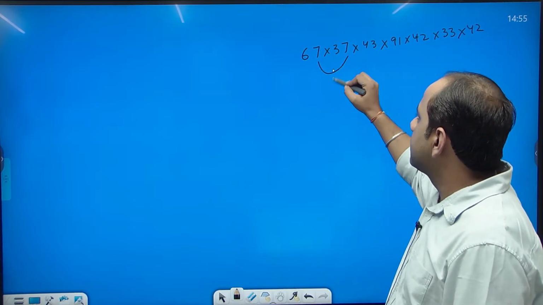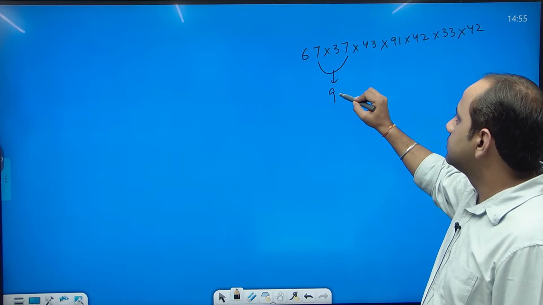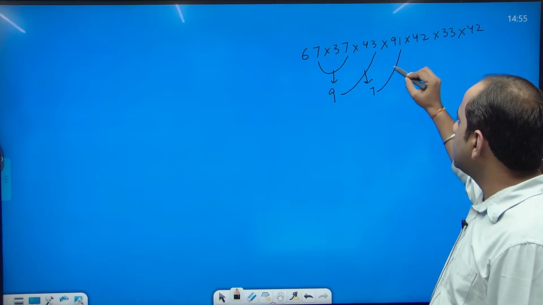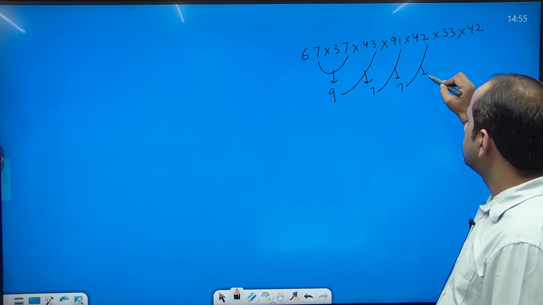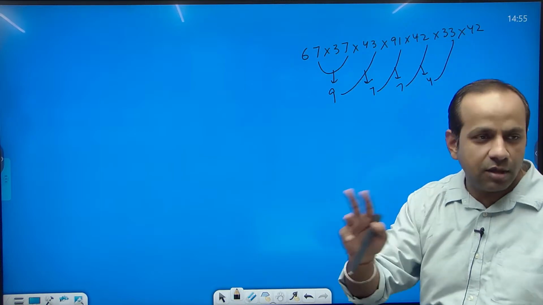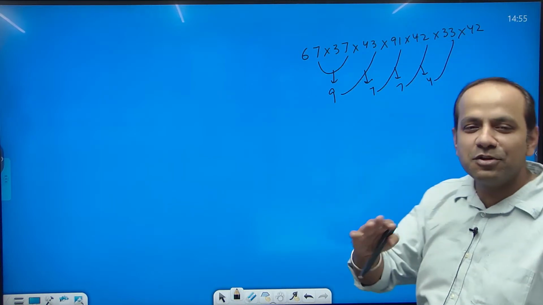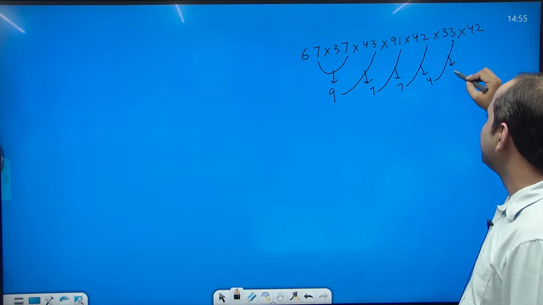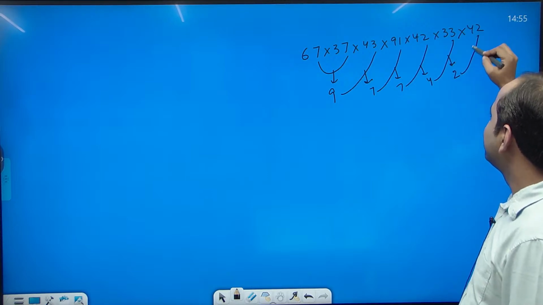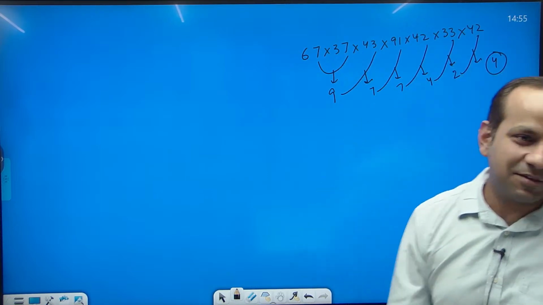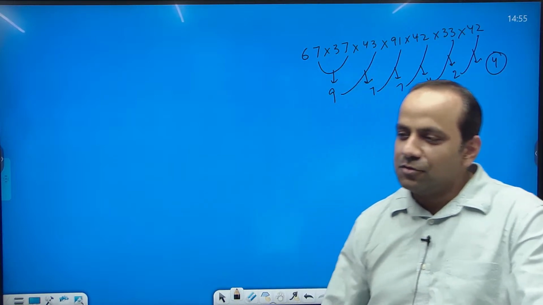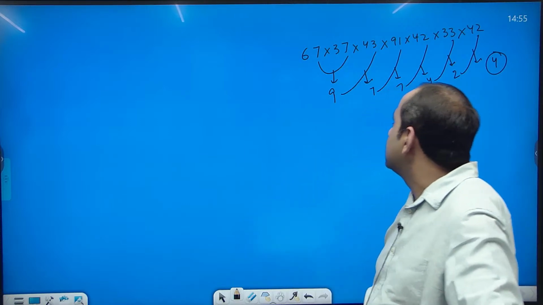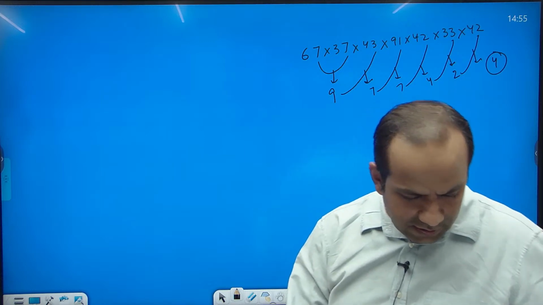So this into this is 9. 9 into 3 is 7. 7 into 1, 7 into 2 is 14, but we are interested in the unit digit here, so 4. 4 into 3 is 2. 2 into 2, the final answer will be 4 only. We write the unit digit value only. So your final answer is 4 and the option is that.